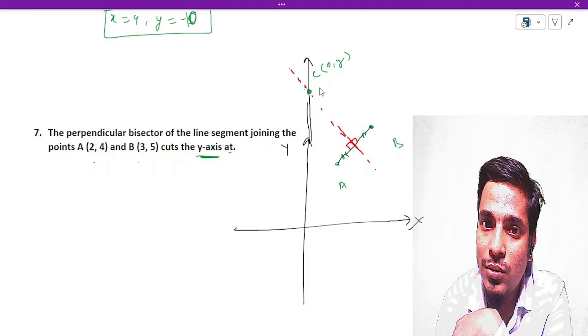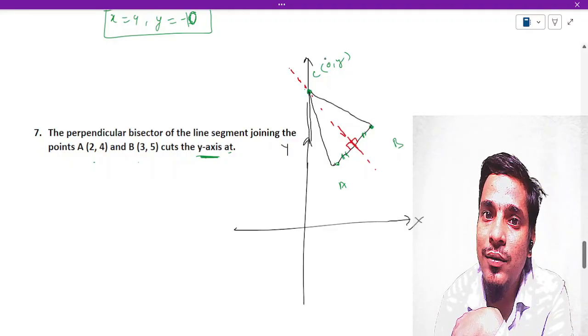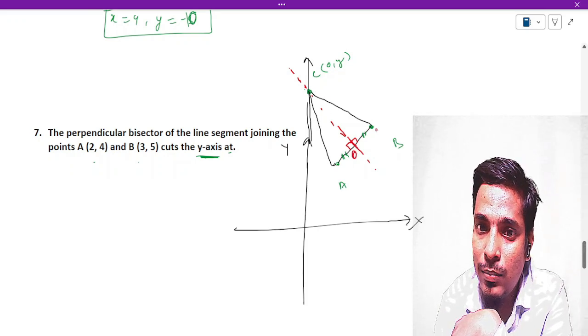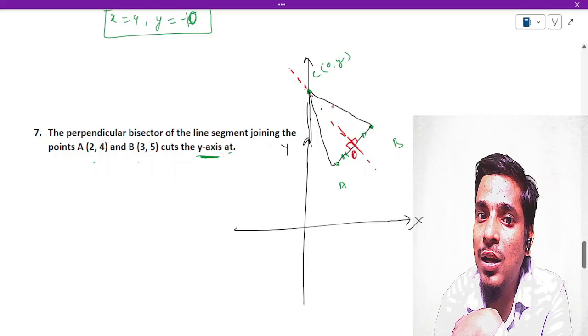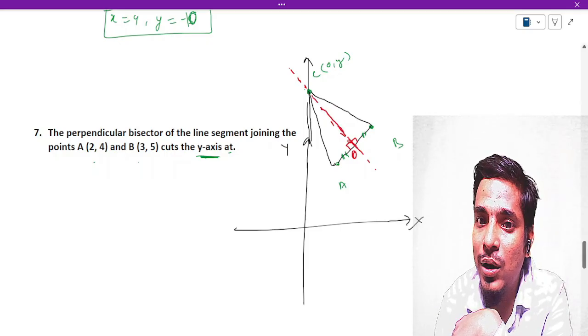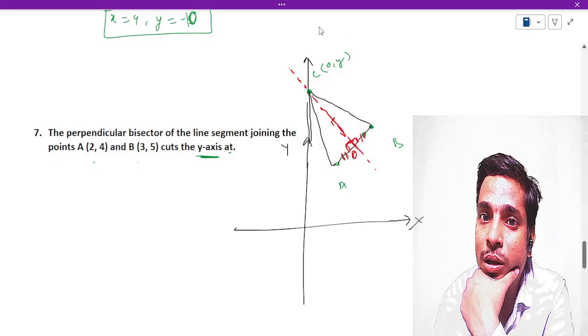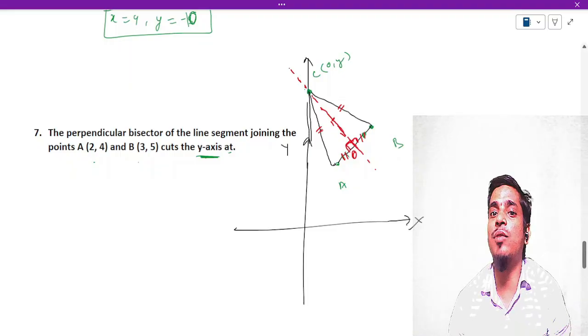If we join point A with C as well as point B with C, then we find that the two triangles AOC and BOC are both congruent. This 90, this 90, this side equal to this side, and this is common. So the corresponding sides will be equal, meaning this side BC and this AC both will be equal.